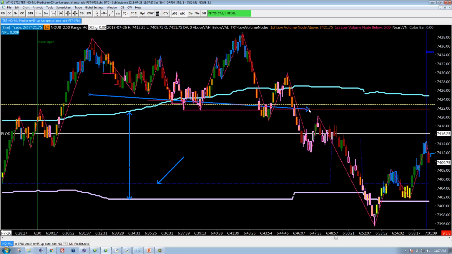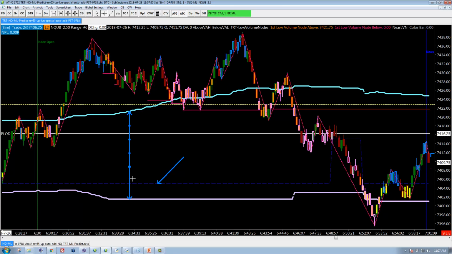You can see it's orange here. Or when you get near a value area high or low. So those are the two places that I'm interested in: a low volume node anywhere, or as I approach the edge of the value area from either direction.